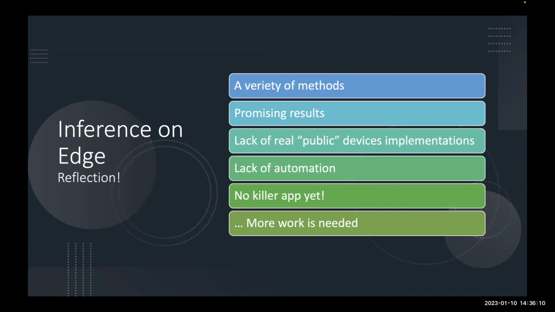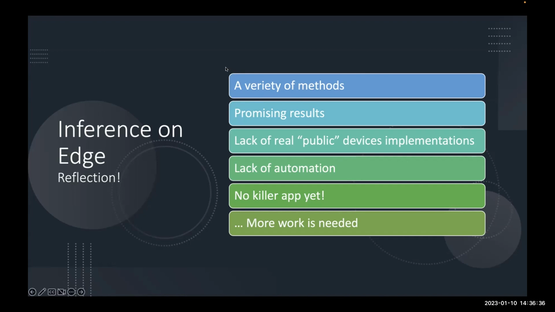Once we get inside, there is everything to be done in a manual way. So if you do it on a specific device, then you have to redo it completely from scratch on other devices. There is no killer application yet that has demonstrated that these methods will be useful. So there is still work needed even on the inference side.